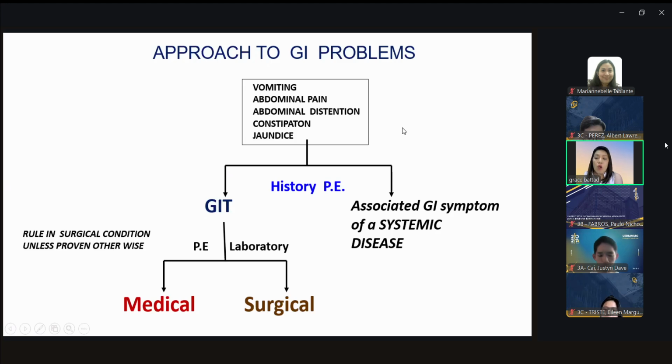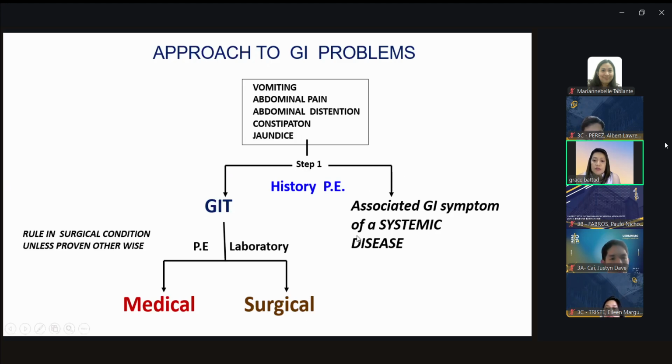These are the more common ones that I just chose. Overall, if you are presented with a GI symptom, the first step is to check whether it is a primary GI problem, or a systemic problem with an associated GI symptom. So this is the first step you would like to ask about in your history and physical examination.